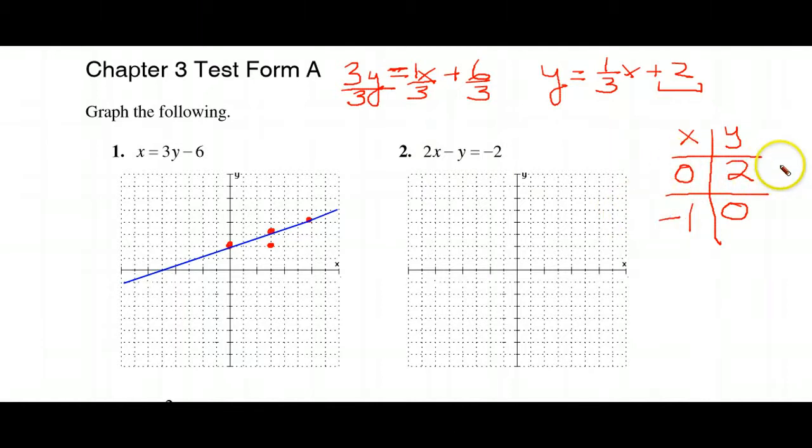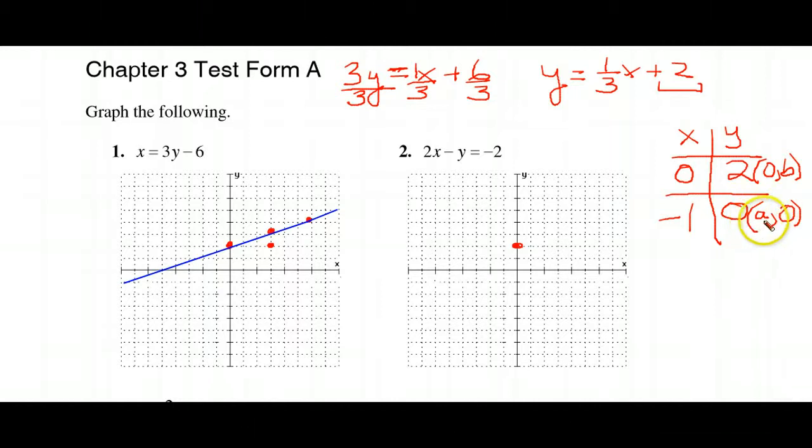Now, this gives rise to something, and I'll do a little review here. When it's in the form of 0, b, this is your y-intercept, where the line will cross the y-axis. So 0, 2 is right there. And this form is a, 0.